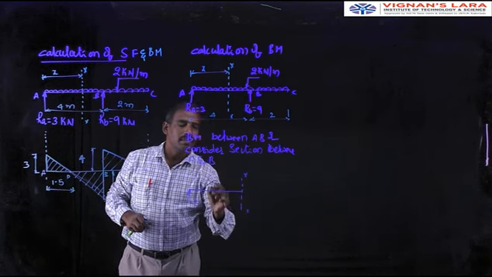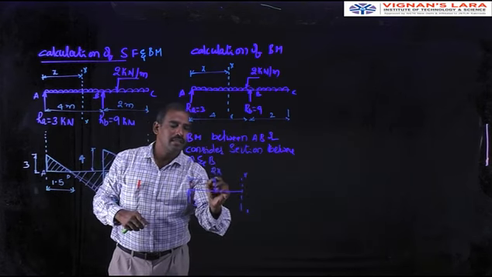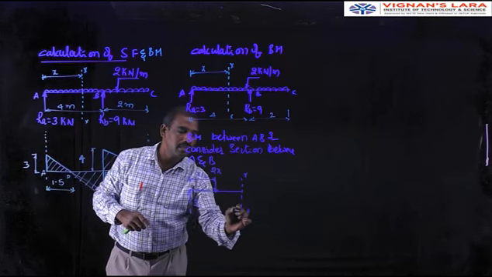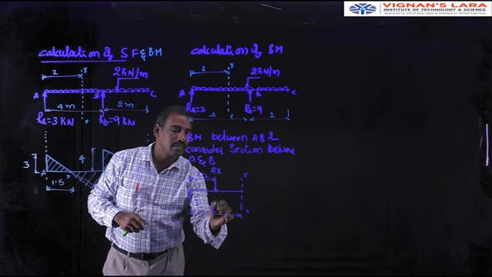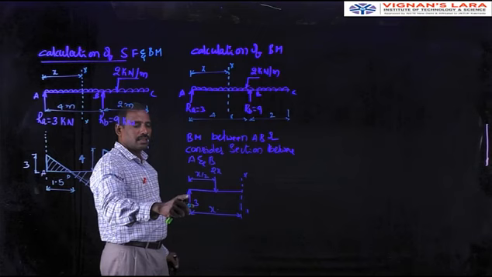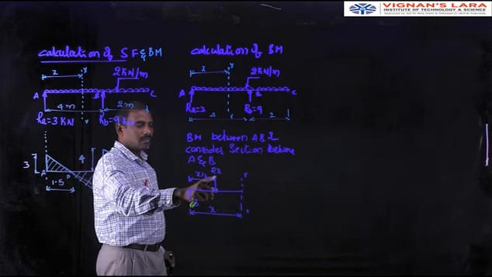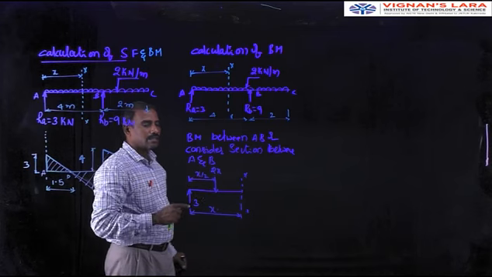It is 2 into x. At what distance? Definitely it is x by 2, because the section is taken from A to the section XX, which is small x. How many forces are acting on the body? One is 3, second one is 2x, right? 2 into x, and it is at a distance x by 2.